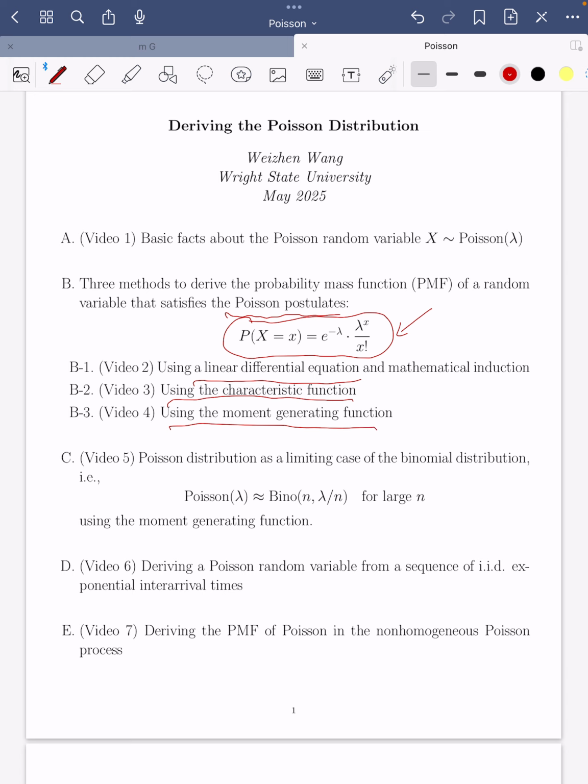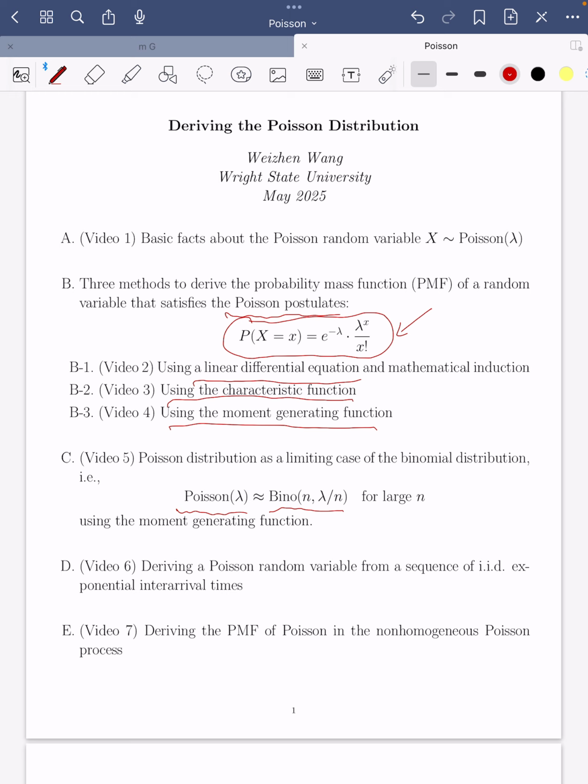Also, in part C, we want to show the Poisson distribution is a limit of the binomial distributions. Which means that the Poisson lambda is about equal to a binomial with number of trials equal to n and probability of success equal to lambda over n.